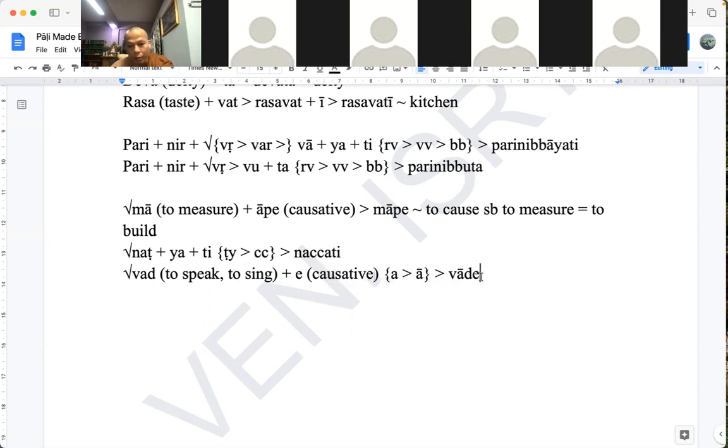So that is the literal meaning of the Wadi, so to cause somebody to sing. So that means play musical instrument. Wadi means to play musical instrument. So when someone plays a musical instrument, the other one, so automatically, maybe he wants to sing in this way.